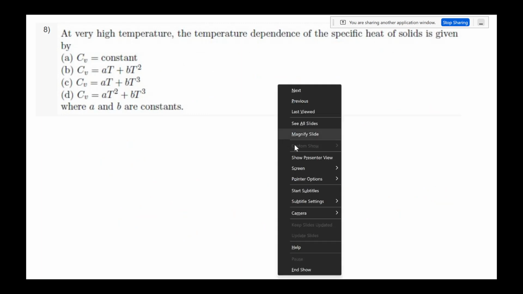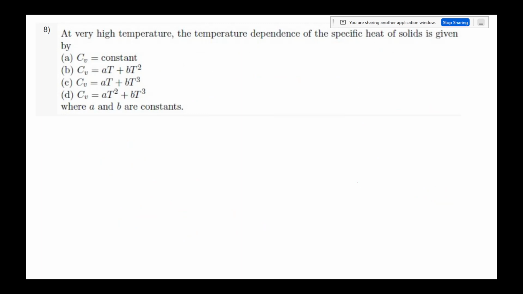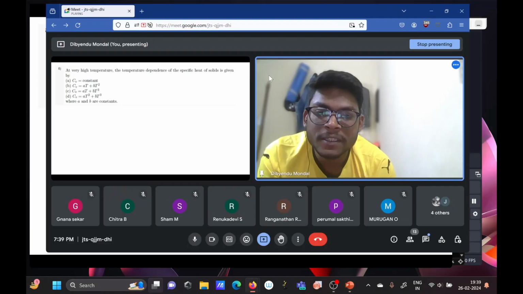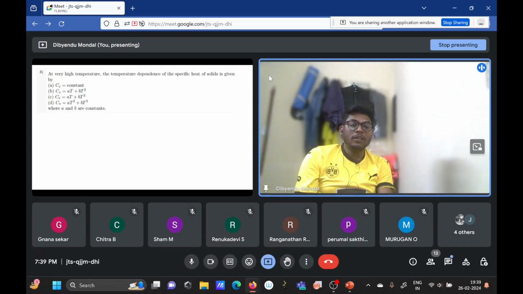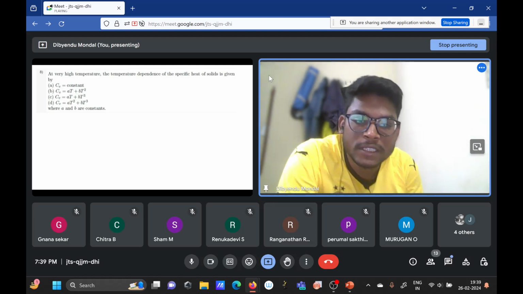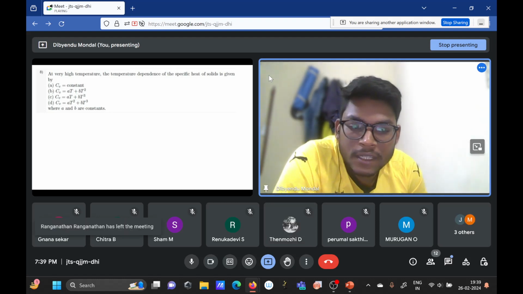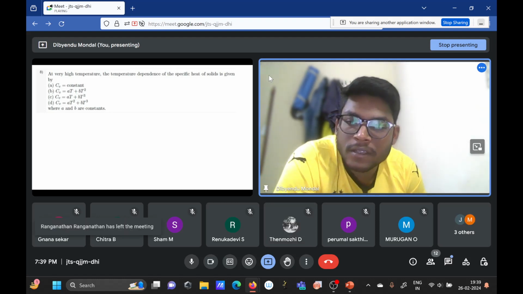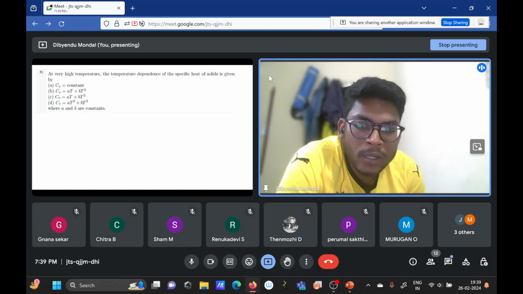Okay, so now tell me this answer. At very high temperature, the temperature dependence of the specific heat of solids is given by this. Now please tell me the answer. After doing all these calculations, please tell me what will be this value. Renuka, or Perumal, Murugan?